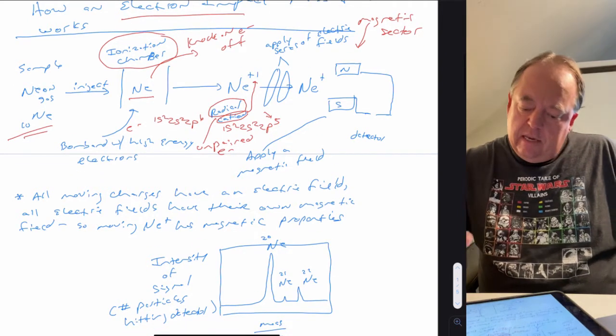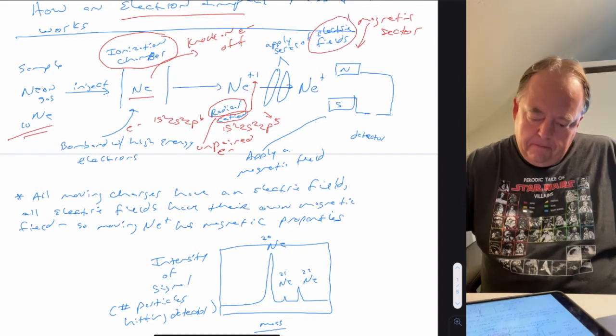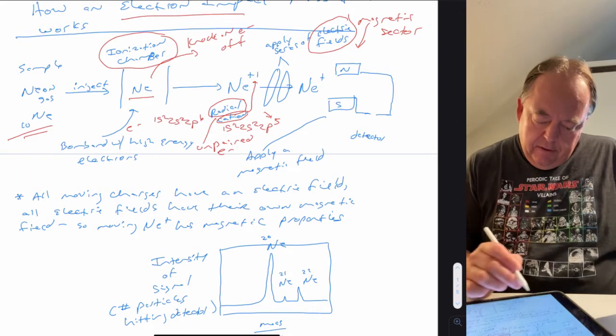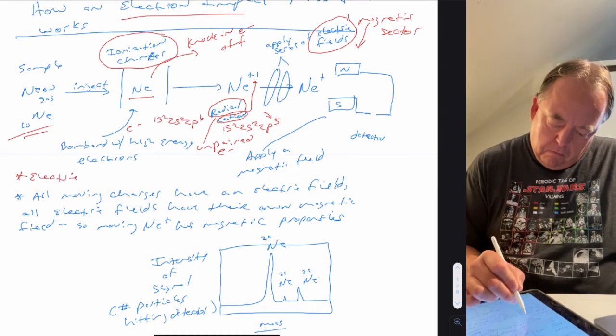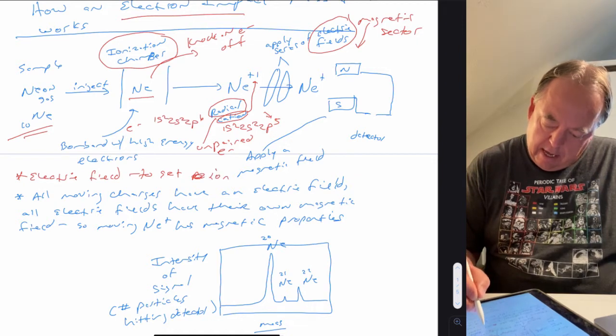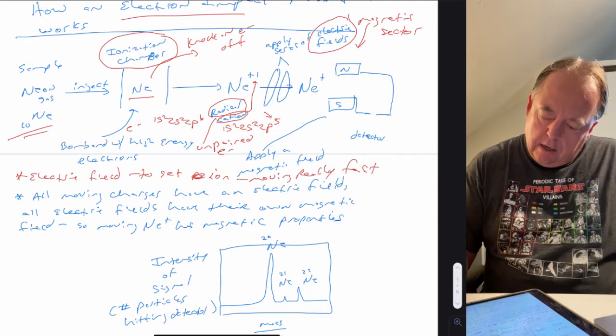And that's because of the next step. The next step is you apply an electric field. The purpose of the electric field is to get the ion moving really fast.